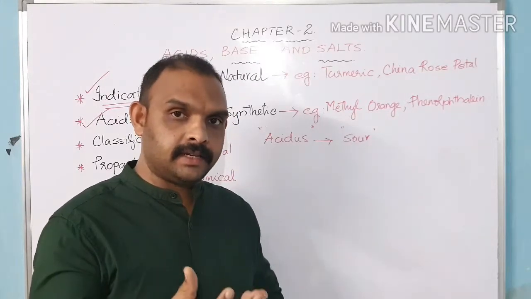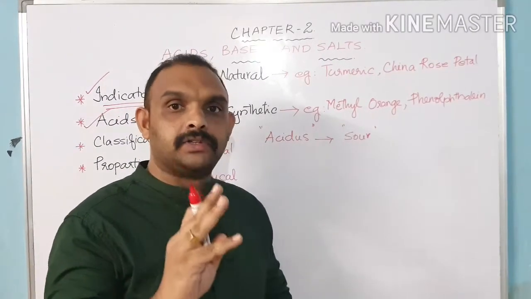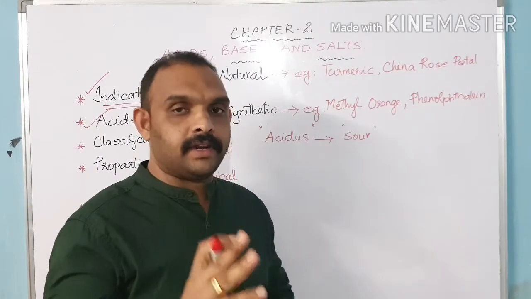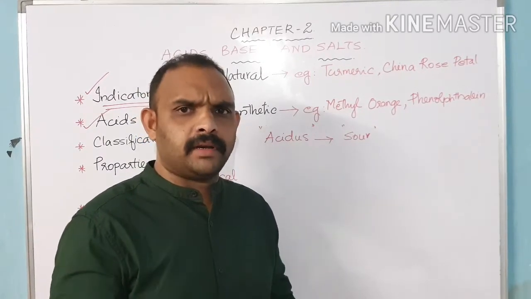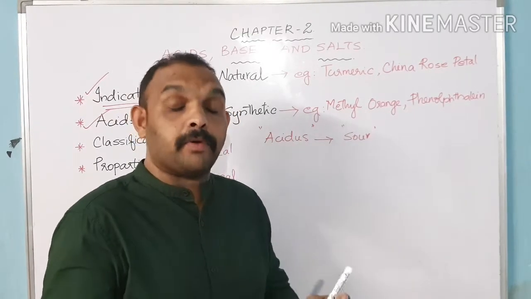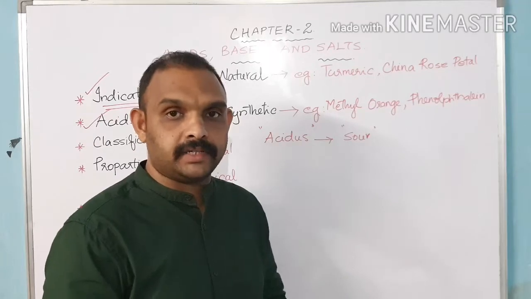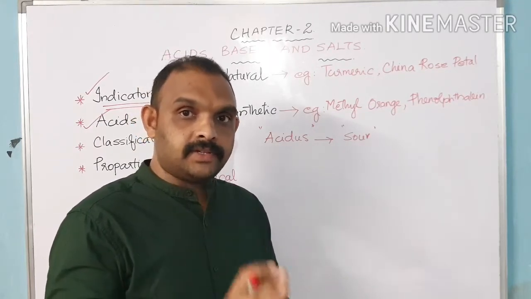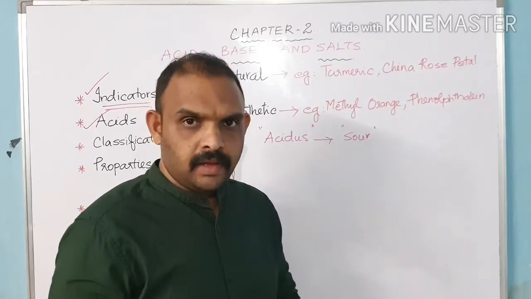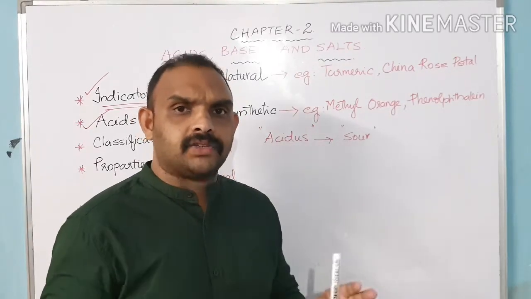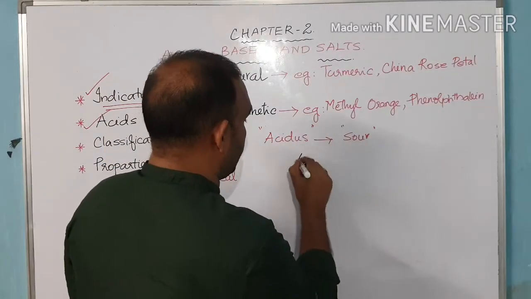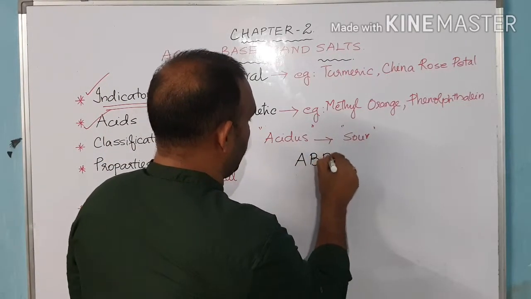We have seen that in the beginning, acids are substances which have sour taste. But is it common? There is one more property which we can add for the definition, that is acids will change blue litmus to red. For your easy understanding, we can remember it like this: ABR.